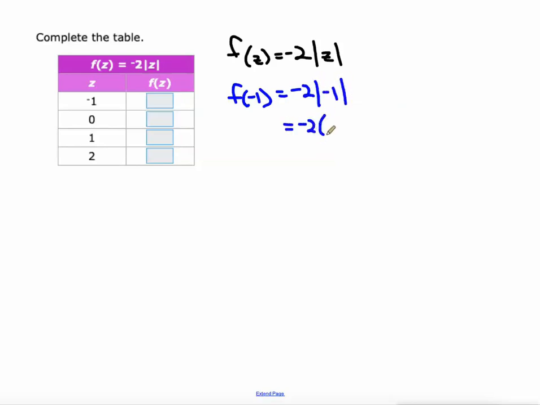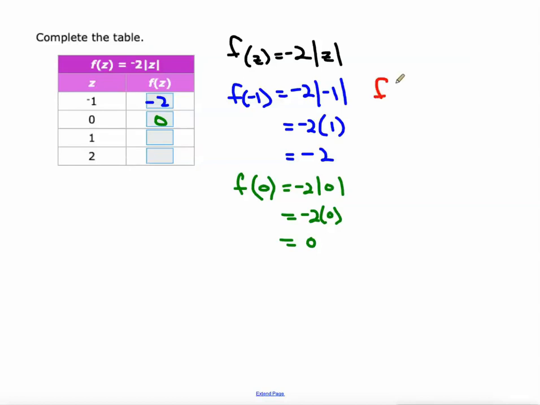The absolute value of negative 1 is positive 1, and negative 2 times 1 is negative 2. What about f of 0? We're going to show a bunch of math here, but it's all going to turn out to be 0 anyway. The absolute value of 0 is 0, and 0 times negative 2 is 0.